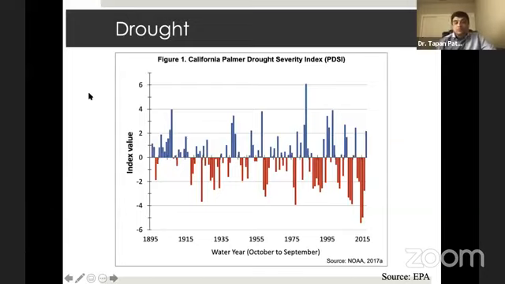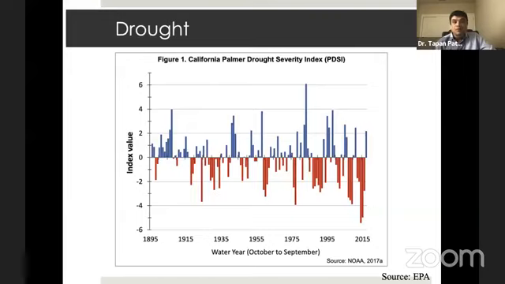We talk about drought a lot, and drought is not a new phenomenon in California. It's always been there, but in recent years, those droughts are becoming more and more frequent and more intense. This is one of the famous indicators of drought that's been used.